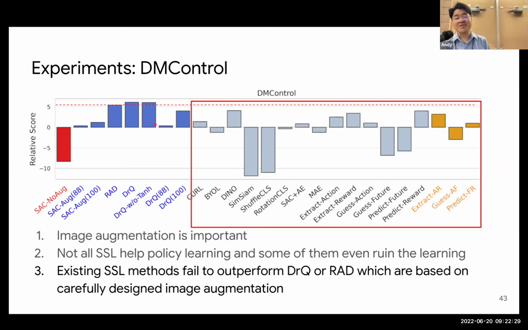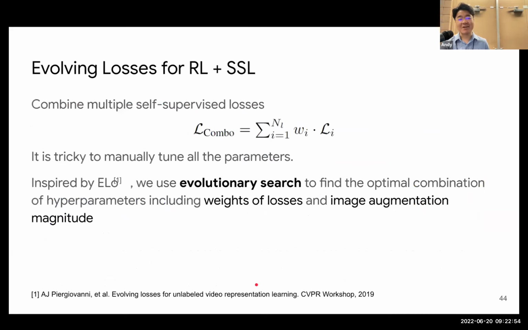And also, if we carefully hand-tune image augmentation parameters, we find that they perform better than any single self-supervised loss. They perform better than combinations of multiple self-supervised losses. So this shows that existing computer vision-based self-supervised losses fail to outperform carefully designed image augmentation, meaning that they are not really compatible.